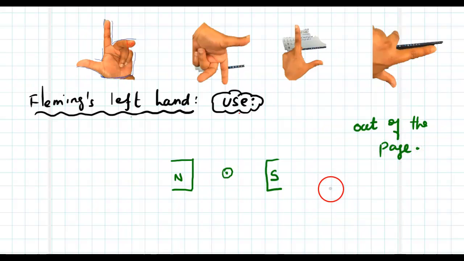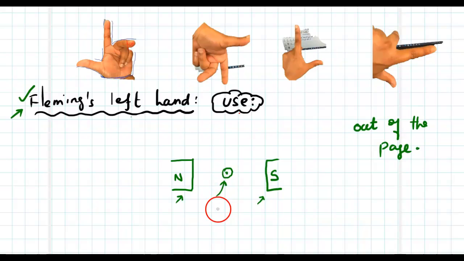So what we have to do, we have to see whether it is a Fleming's left hand rule problem or not. How? What are the clues? I told you: north and south pole magnets are here, and a wire with current. Now Fleming's left hand rule is applicable. You can use it.